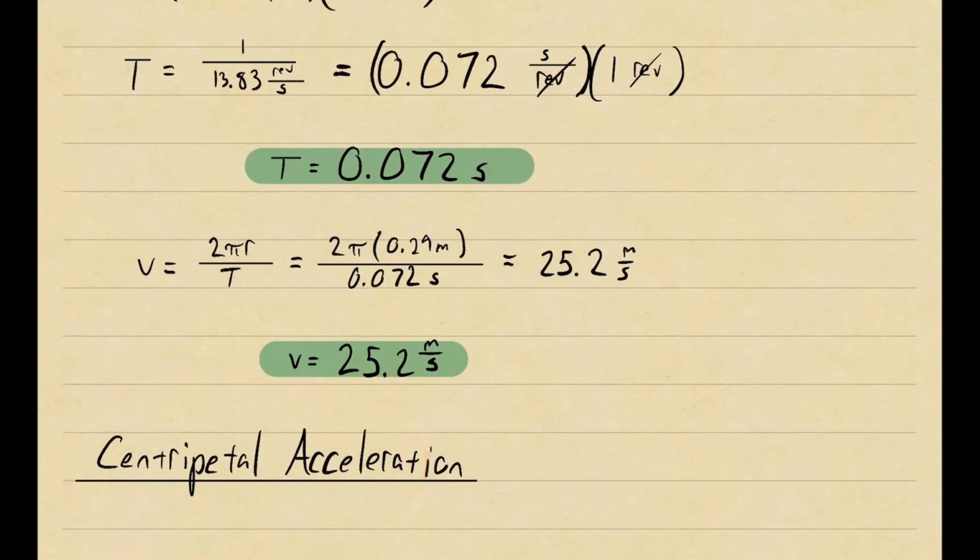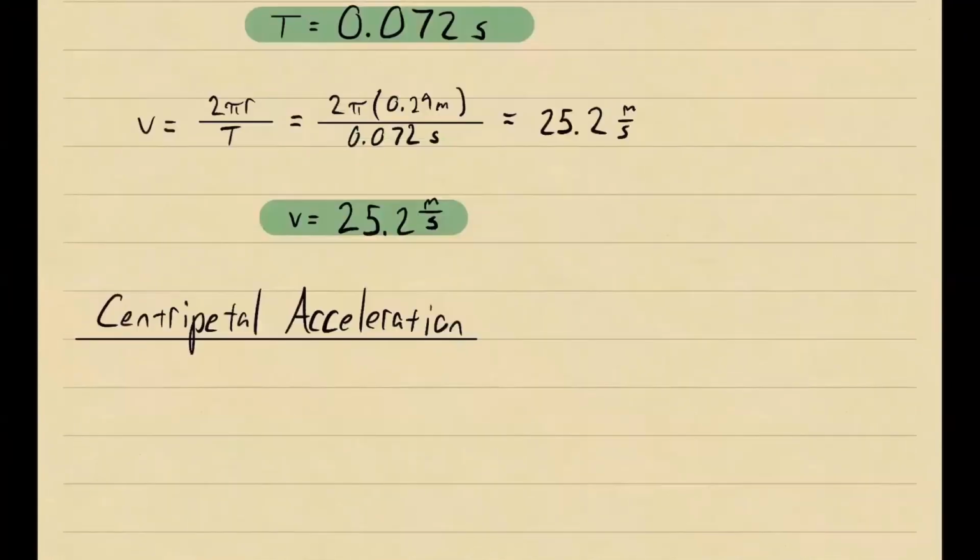And so it has a magnitude of, call it a_c for the centripetal acceleration, our speed squared divided by the radius.